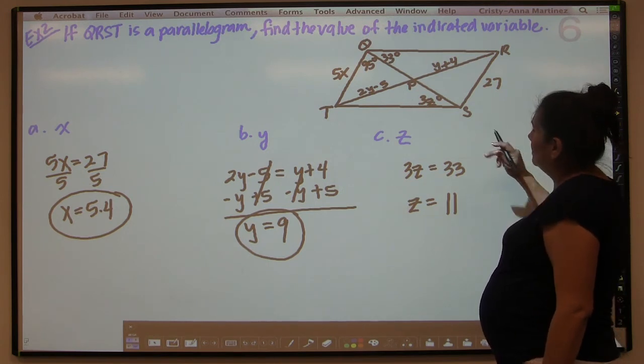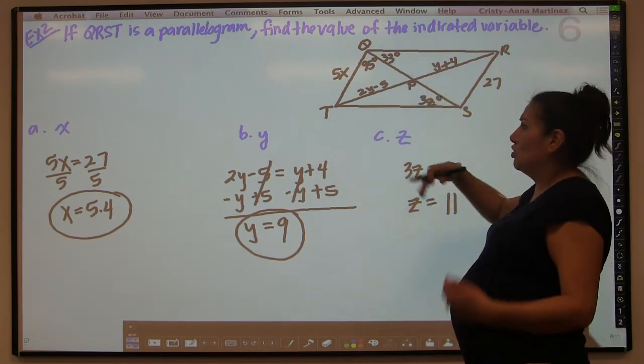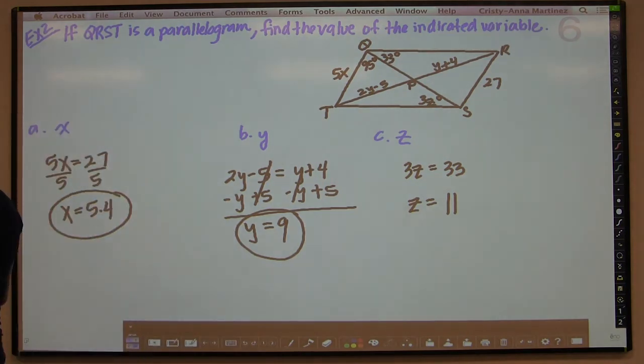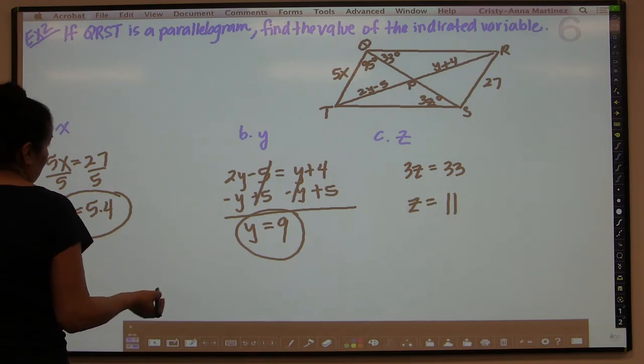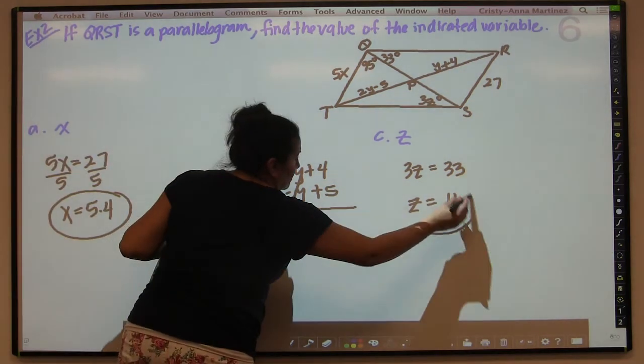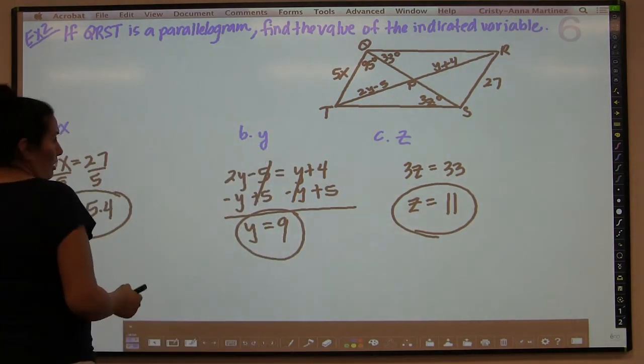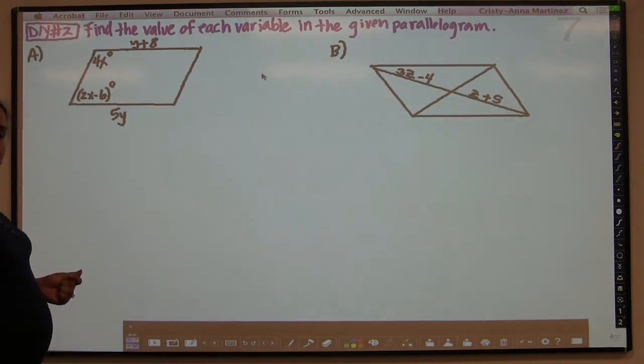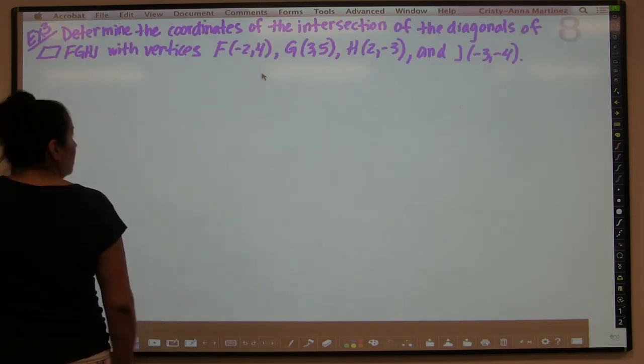If that's the case, then these angles should be congruent because they're corresponding parts of congruent triangles. And either way that you look at it, 3z is going to equal 33, and when you solve for z, you're going to get 11. So just two different options for you to go with. I prefer the alternate interior angles, but you can do whatever suits your fancy. So here's do yourself number 2, and then we will move on.